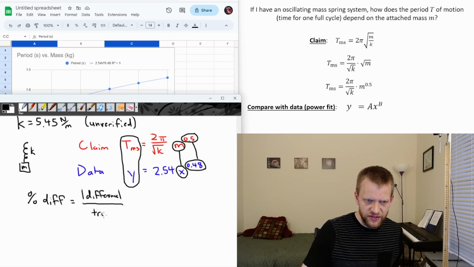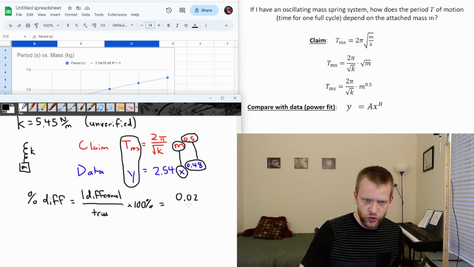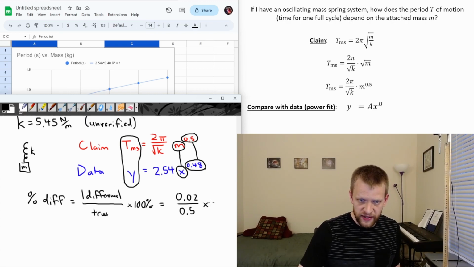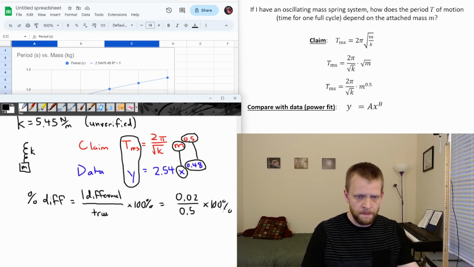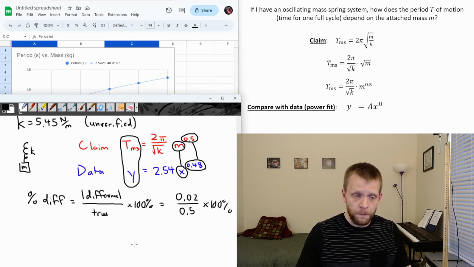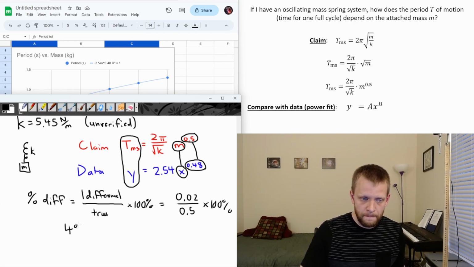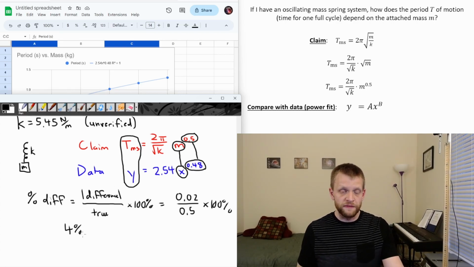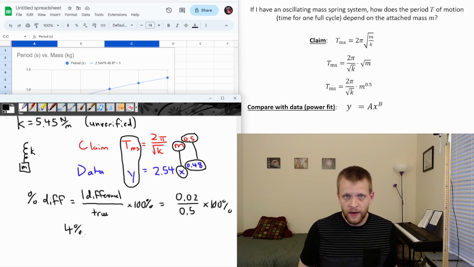I'm going to label that as the true value, and then we multiply that by 100%. So the difference between 0.5 and 0.48 is 0.02. Our true expected value was 0.5, and then again we multiply by 100%. So 0.02 divided by 0.5 times 100%, we were 4% off. We were only 4% off in this case.